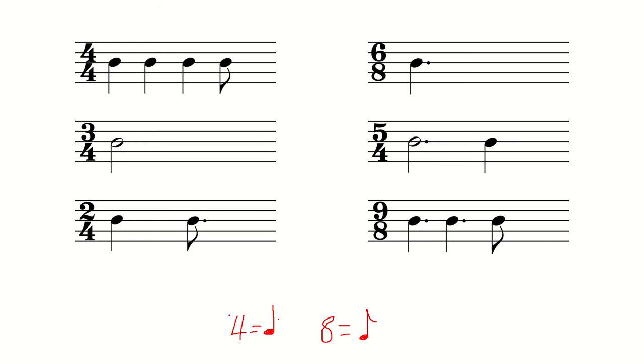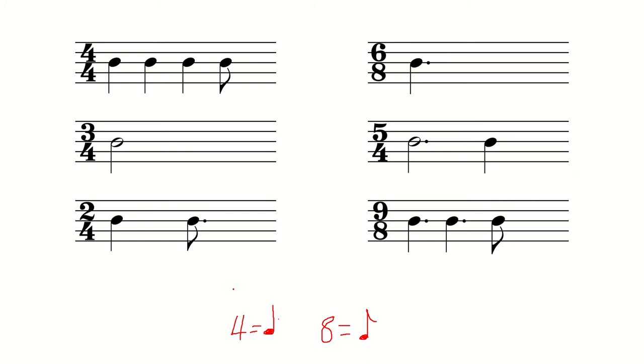If we had another number on the bottom, say 2, that would be a minim. If we had a 1, that would be a semibreve. If we had a 16 underneath, that would be a semiquaver. But those aren't that common, and the main ones that come up are 4 on the bottom and 8 on the bottom. So what does the number on the top mean?